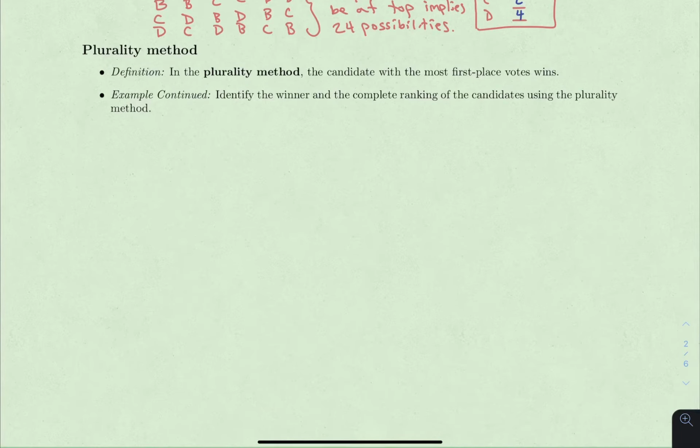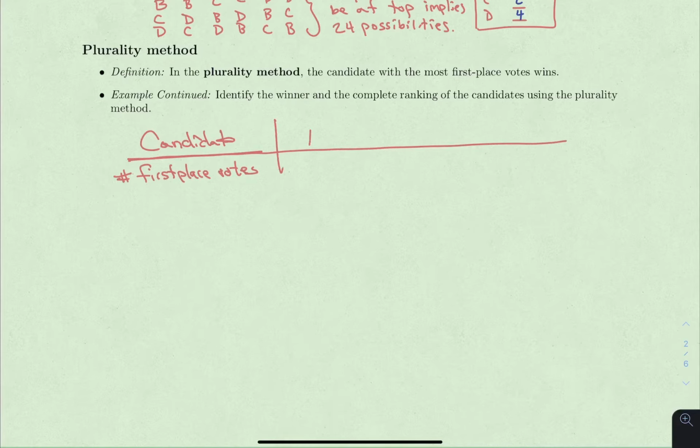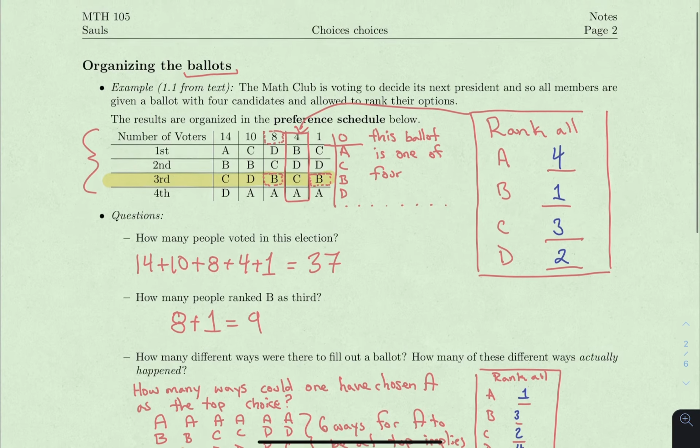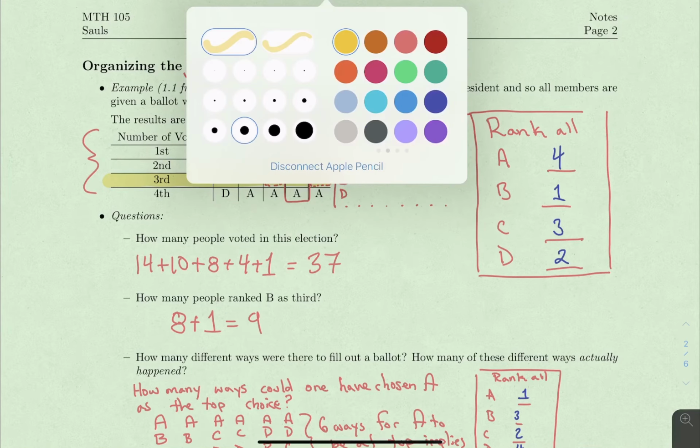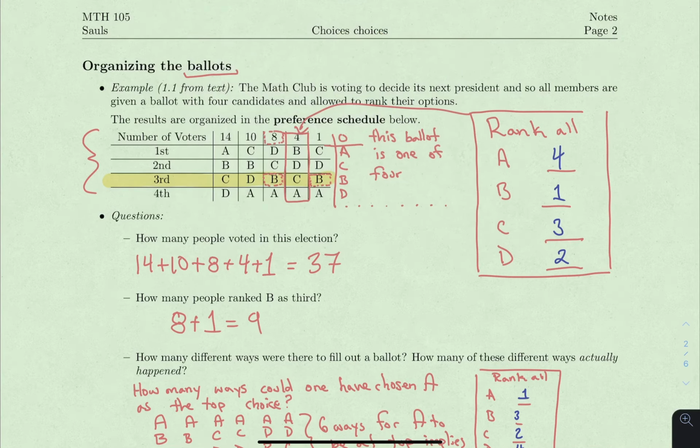So next thing, we can go ahead and make ourselves a table here. We can say candidate and number of first place votes. Done that. A, B, C, D. All right, let's scroll back up. A has received 14 first place votes.